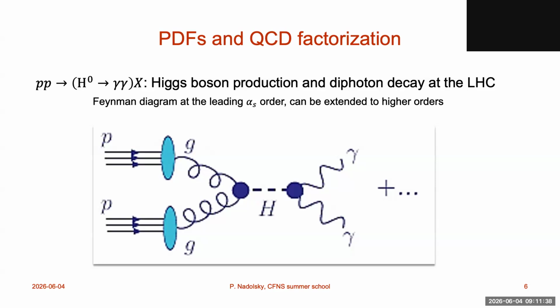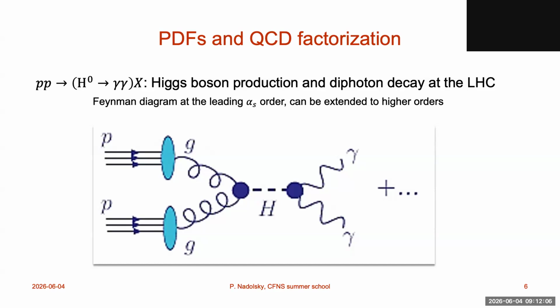It tells you that if the resolution scale is high, we can factorize the whole cross section for proton-proton or hadron-hadron scattering into what is called a hard cross section, which is given by a simple diagram that only has one or at most two incoming partons before the hard scattering.